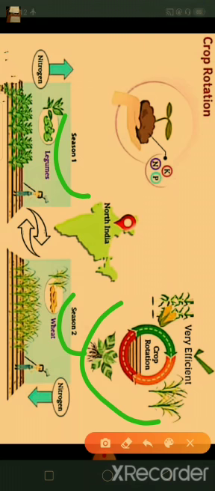Legumes are able to fix the free nitrogen, and this nitrogen fixed in the soil can be made available to the wheat which is grown after that. So the farmers should be encouraged for crop rotation.